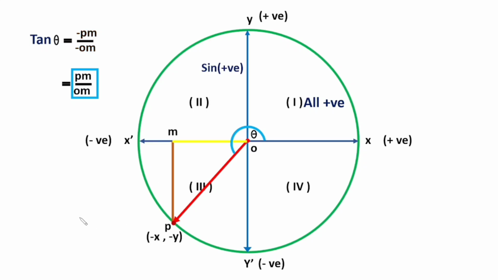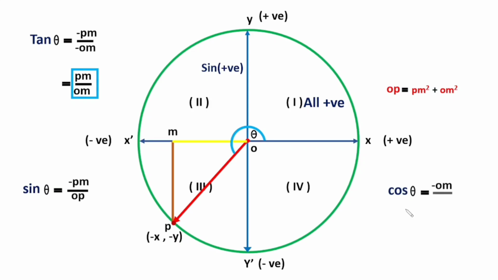But sin theta equals minus PM upon OP. OP is also in the third quadrant, but as OP is the sum of two square numbers, that's why OP is positive. So sin theta with its reciprocal cosec theta are negative in the third quadrant.